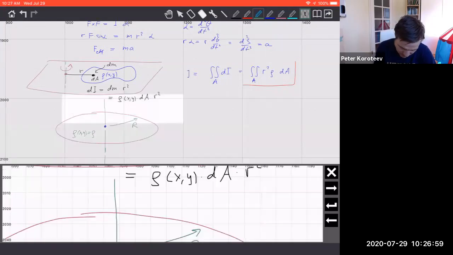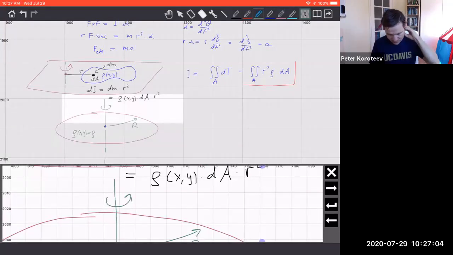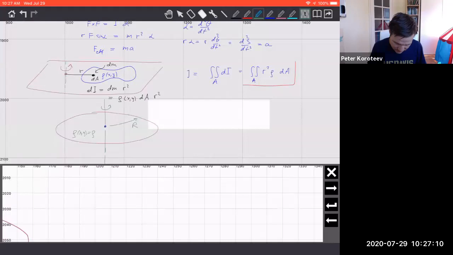So what's the moment of inertia relative to the axis which goes through the center of the disk and which is perpendicular to the plane of the disk?